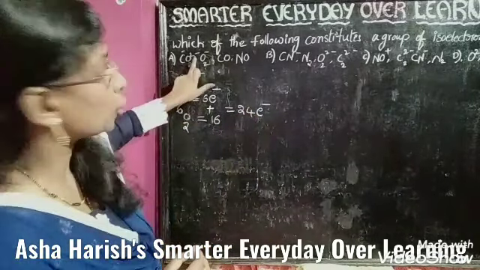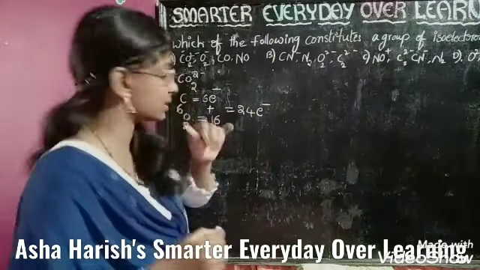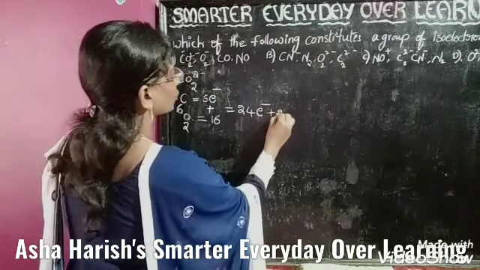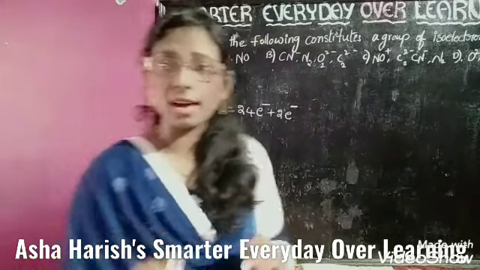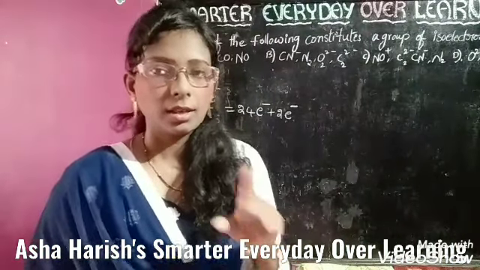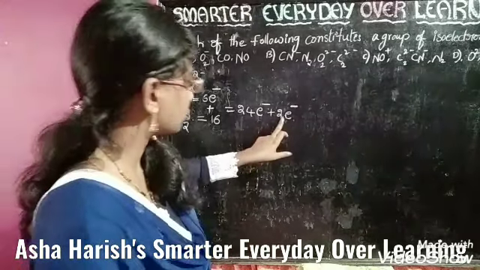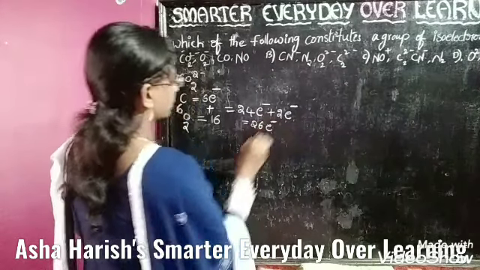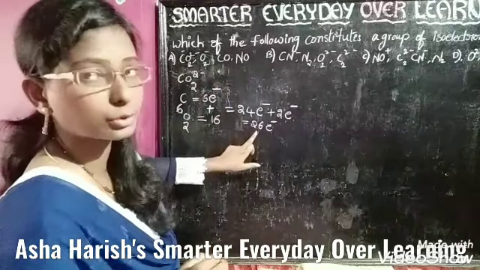But here CO2 2 minus is an ion with 2 minus, so you have to add 2 electrons. Minus is the anion, and anionic formation is by the addition of electrons. So we add 2 for this, and finally we get 26 electrons. So for CO2 2 minus there are 26 electrons.